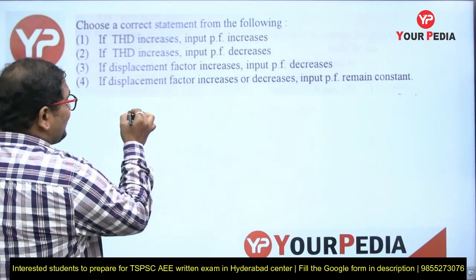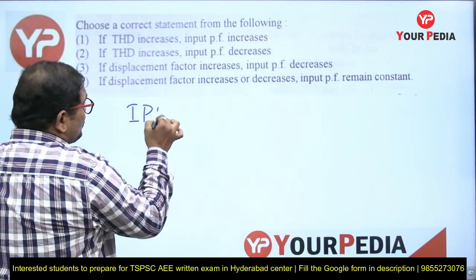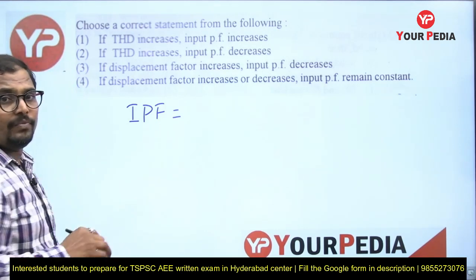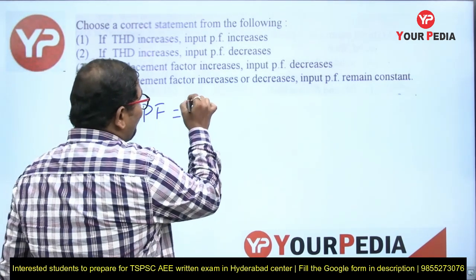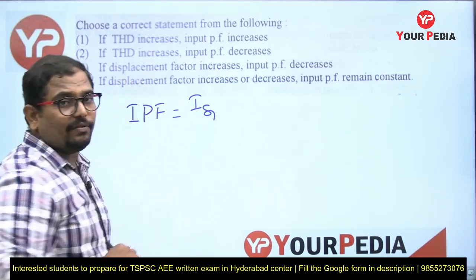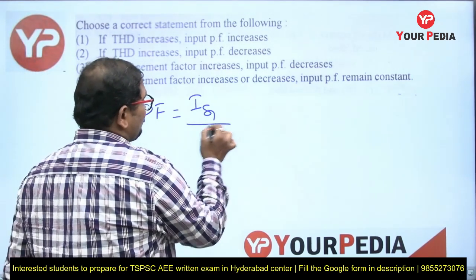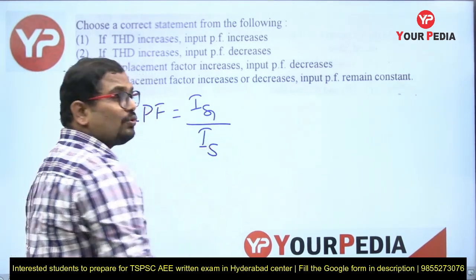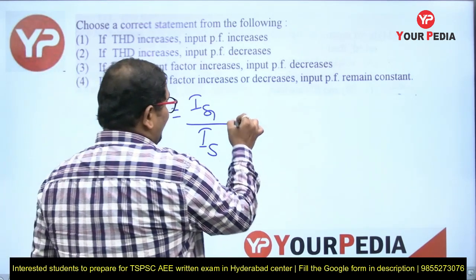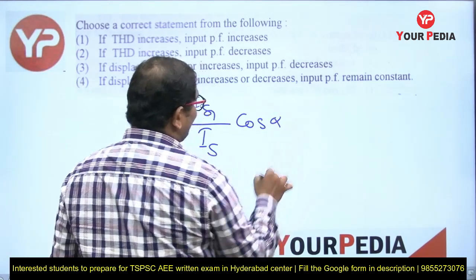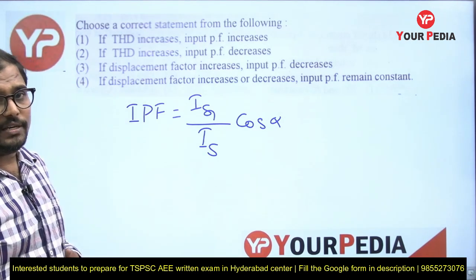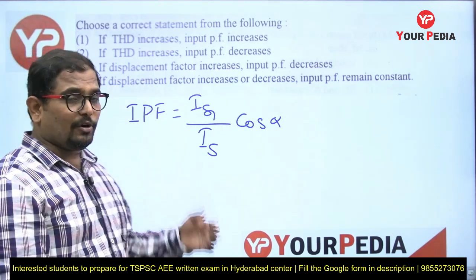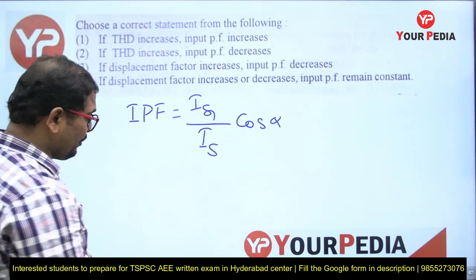Let us write the input power factor equation. What is the input power factor equation? It is the ratio of the RMS fundamental source current to the RMS source current, multiplied by the cosine of the angular difference between your voltage and current. This is the input power factor definition that we know.